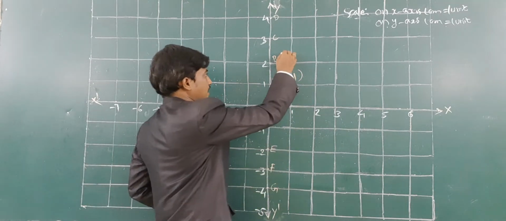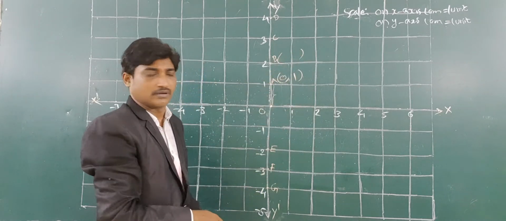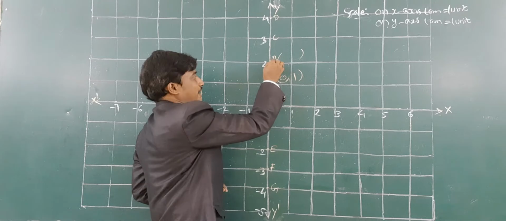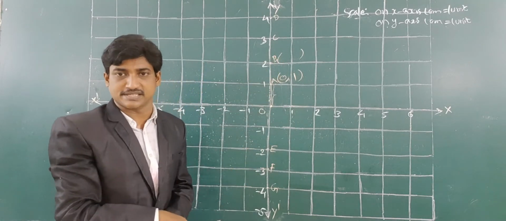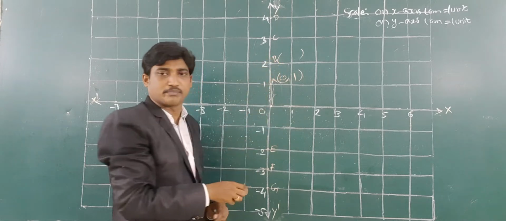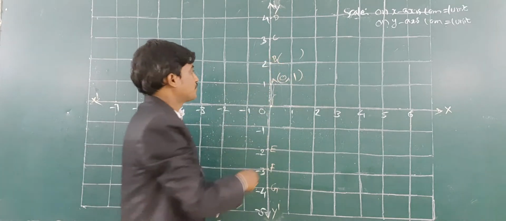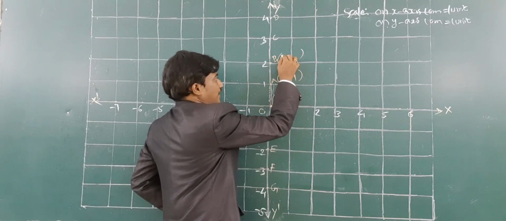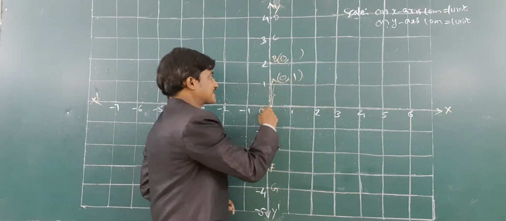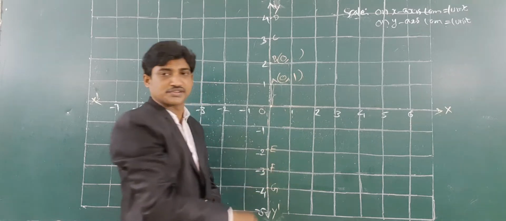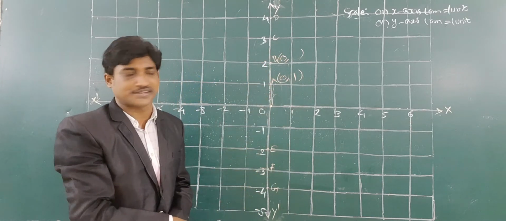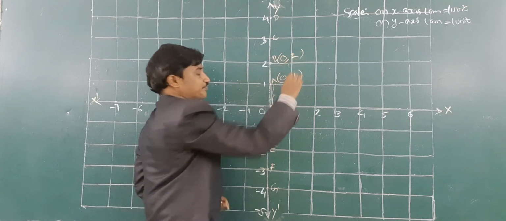For the point B, the perpendicular distance from B to the y-axis, as B is on the y-axis, is 0. So the x coordinate is 0. The perpendicular distance from the x-axis to a point is the y coordinate. Here from the x-axis to B, the distance is 2 units, so the y coordinate is 2.